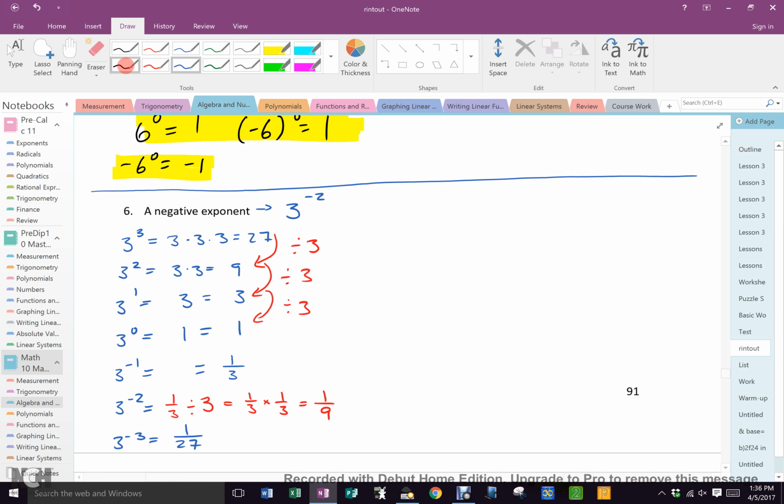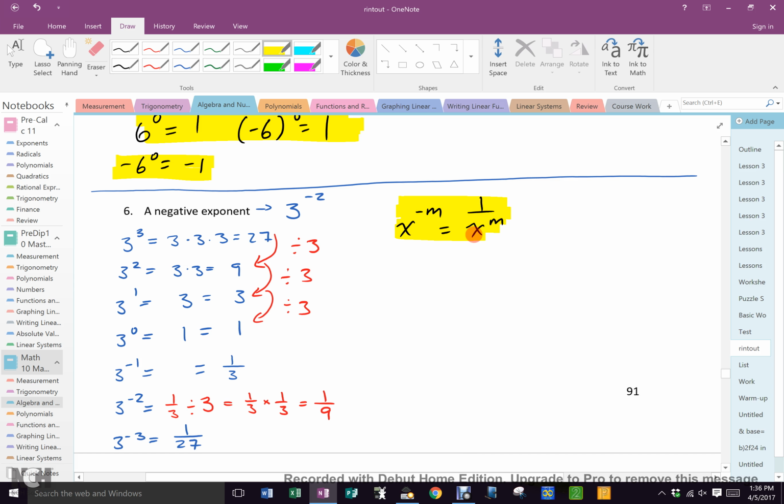There it is with numbers. Here it is with letters. What is x to the negative m? Three to the negative 2 became 1 over 3 to the positive 2, right? So what must this be? 1 over x to the positive m, because negative exponents make no sense.